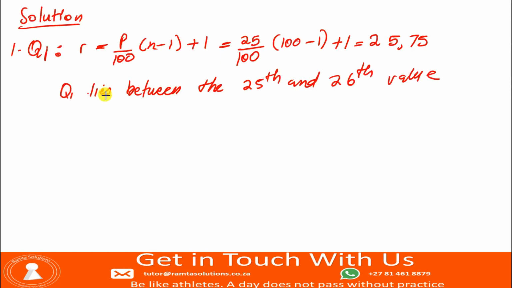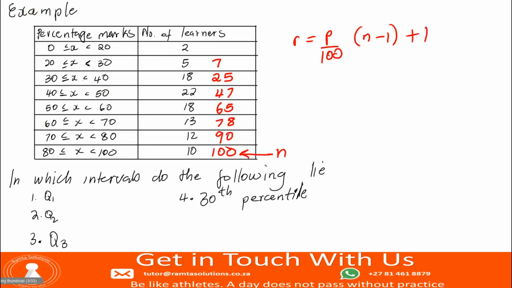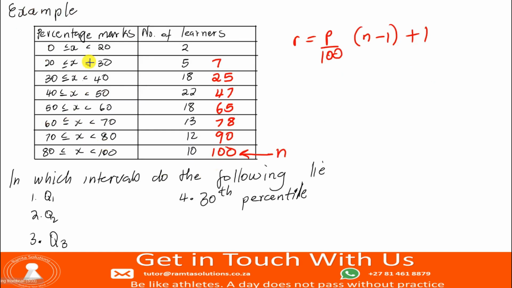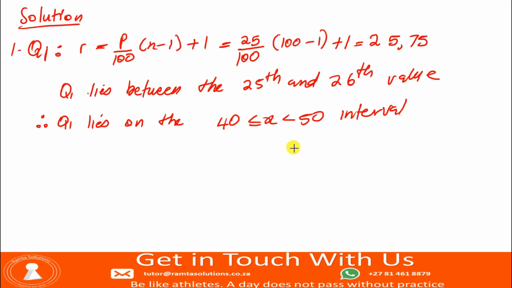So we will say Q1 lies on the interval x is greater than 40, but less than 50. Okay? Q1 lies on this interval, which is the fourth range. 1, 2, 3, 4. Yes, which is the fourth range.